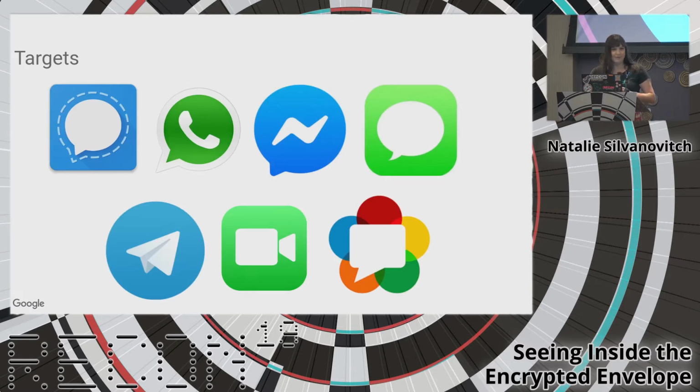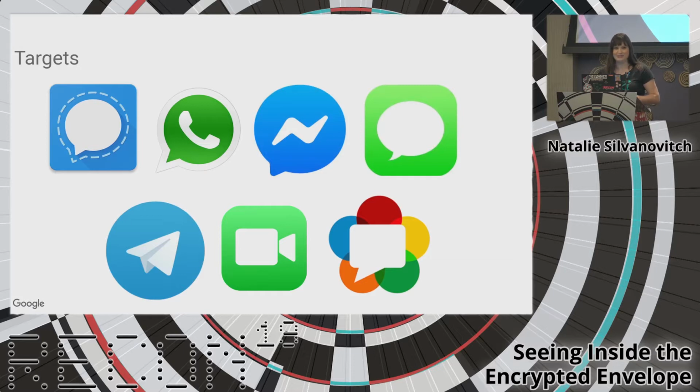So why do I want to do this? Well, I've got all these logos that actually kind of all look sort of similar when you look at it. I'll see if I can remember what they all are. Signal, WhatsApp, Facebook Messenger, iMessage, Telegram, FaceTime, and then the last one is probably the only one that you don't know what it is.